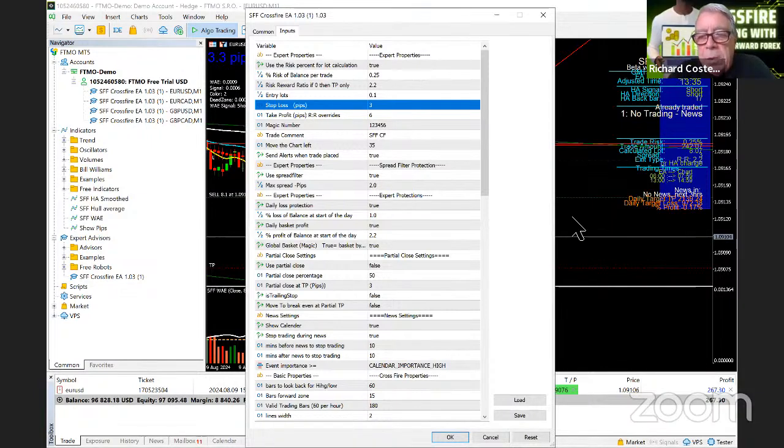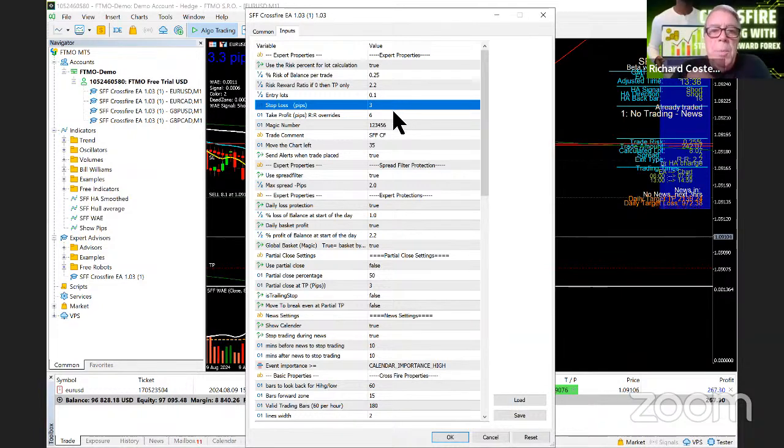So if I win this trade, I should be winning 0.5%. But because of the spread, in monetary terms it would be less than 0.5%. So I'm looking to win $500 on this. If this goes to my take profit, I'm looking to make $500. But because of the spread, I'll end up making less. I'm adjusting that by making that 2.2, and it seems to work.